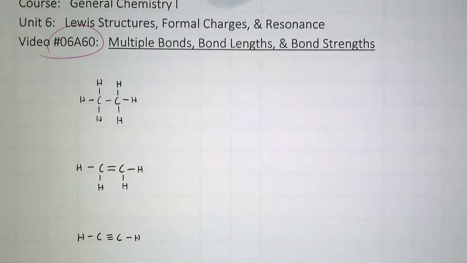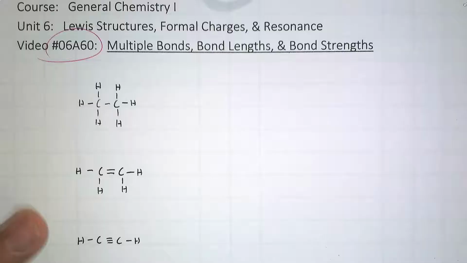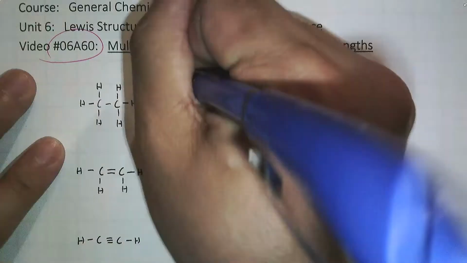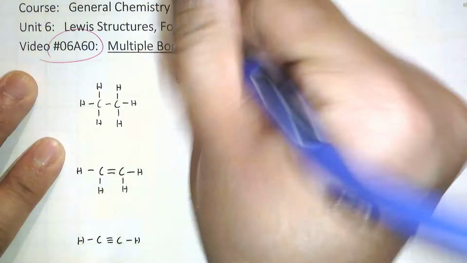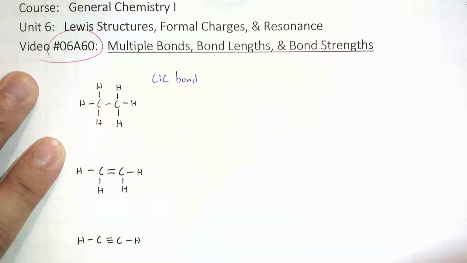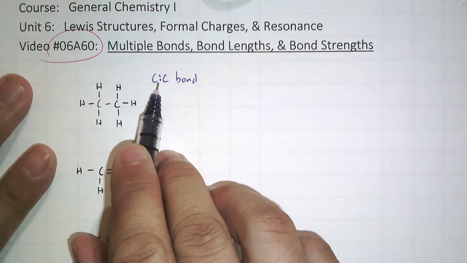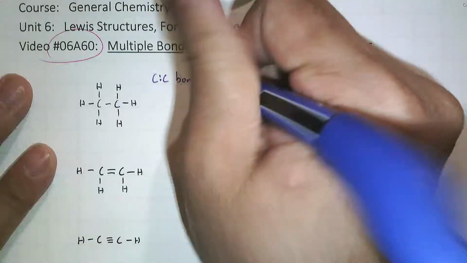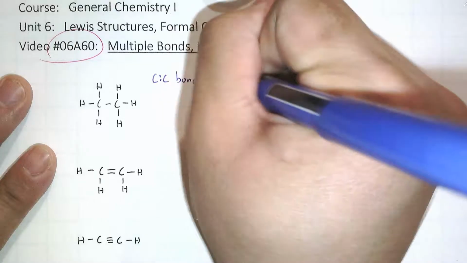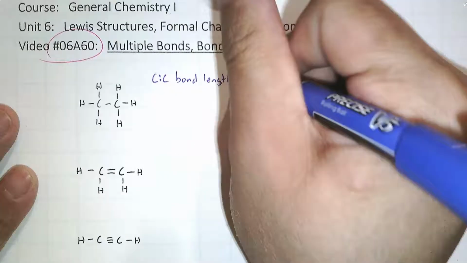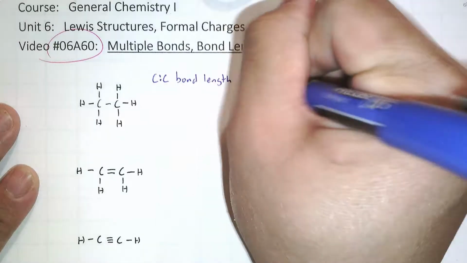Now for bond, we'll do bond lengths. The bond length, and we're only looking at the CC bond, okay? That's a colon, that's not two electrons. But the CC bond length, and that will be, I'll use picometers.